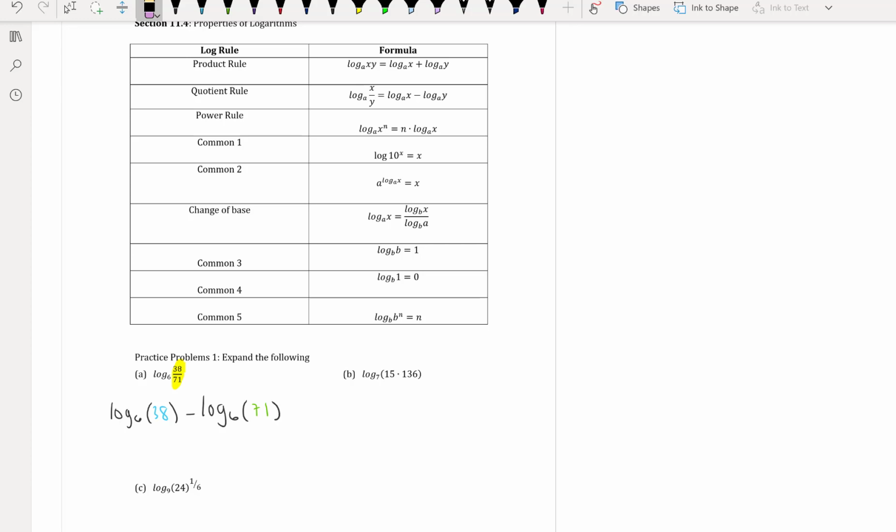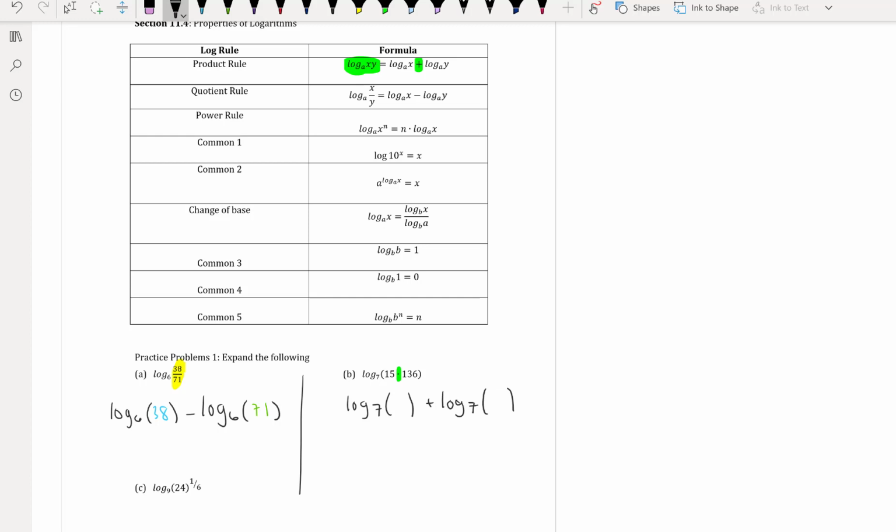Now for part B, I have multiplication. Because I have this multiplication, I'm going to be using the product rule. This multiplication tells me to split it into addition with the same base. So I'm going to go ahead and do this: log base 7 of something plus log base 7 of something else.